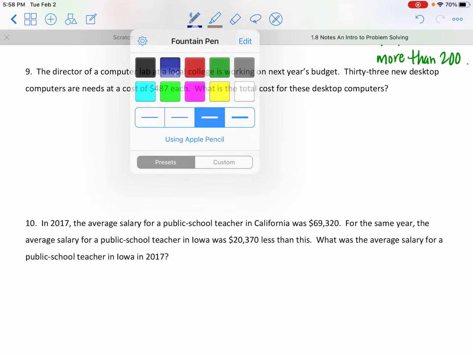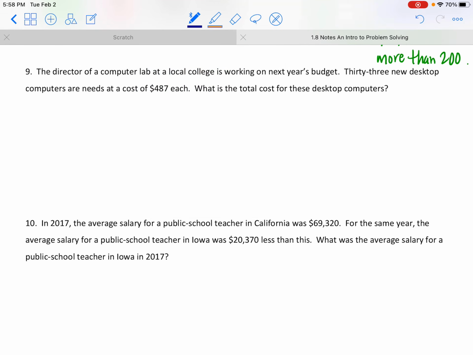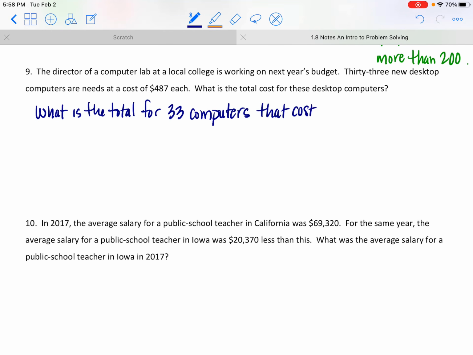So computers, what is the total for, what is it, 33 computers that cost $487 each? That's the real question here, okay?